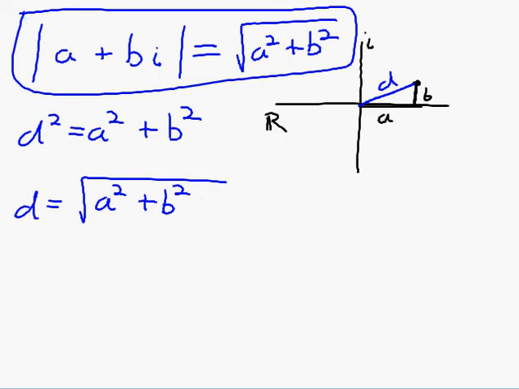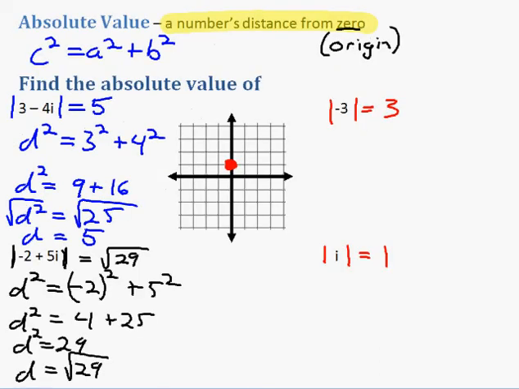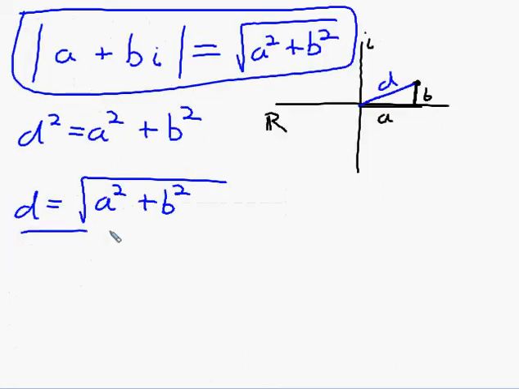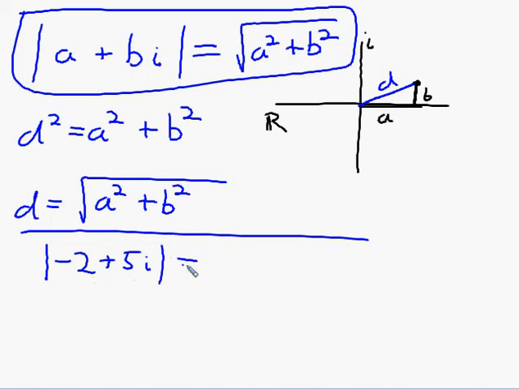Let's go back. I'm just going to remind you of this. We had, let's do this one, this negative 2 plus 5i. Let's just test this here. Absolute value of negative 2 plus 5i. I'm not going to graph it this time. I'm just going to realize that it's going to be equal to the square root of a squared, which was negative 2 squared, plus b squared, which was 5 squared.